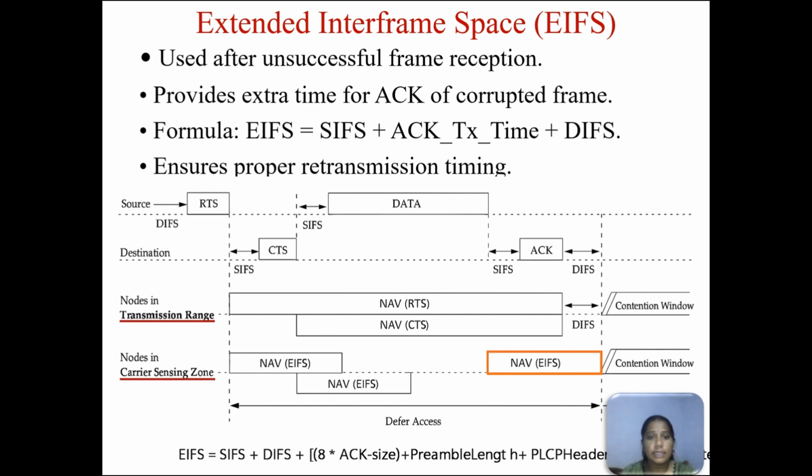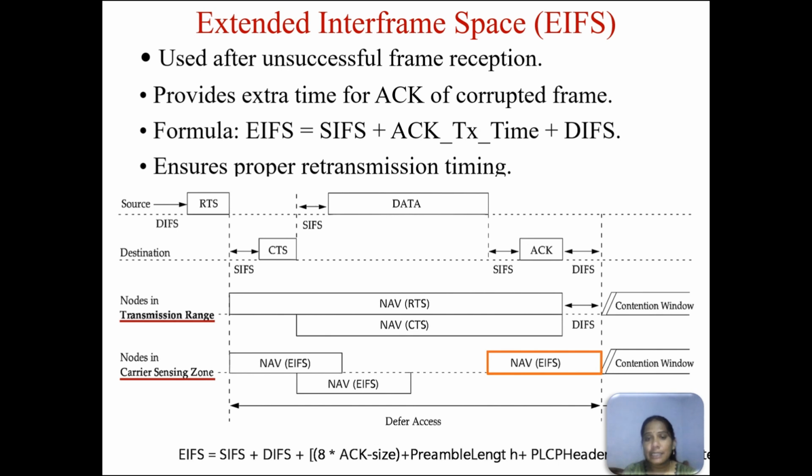So if you see in the diagram, as we have seen earlier for the DCF operation, the source is waiting for the DIFS period. Again, if the station is free for the DIFS period, then it will transmit the RTS. After receiving the RTS, the destination station will wait for the SIFS period, then transmit the clear to send.